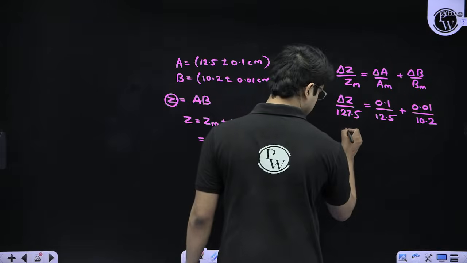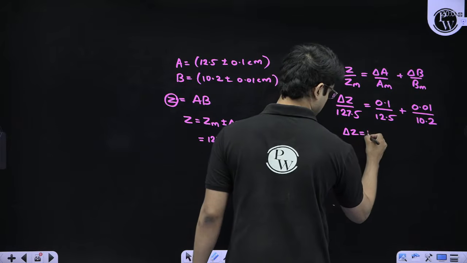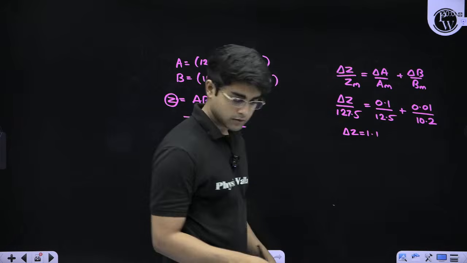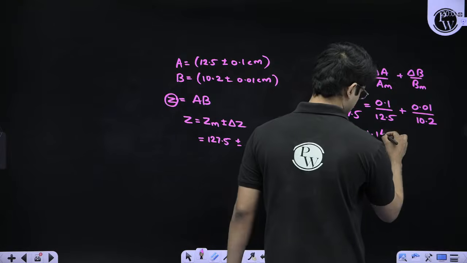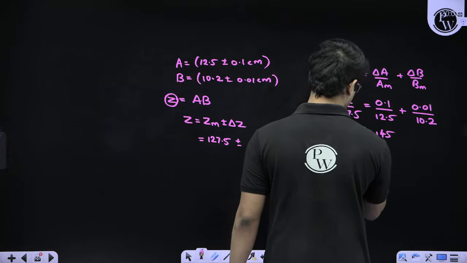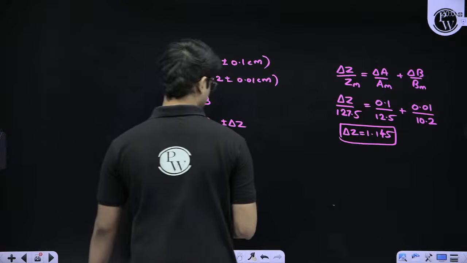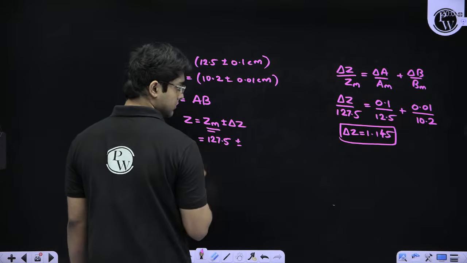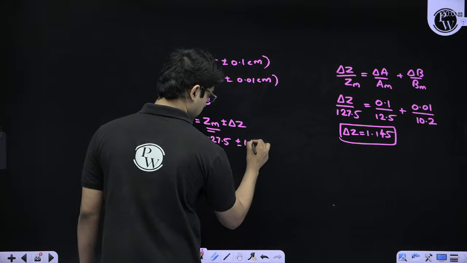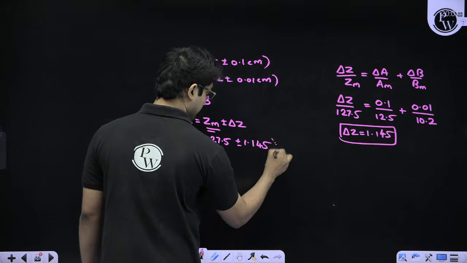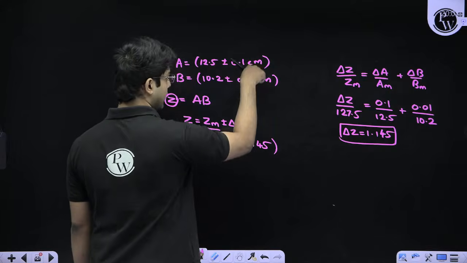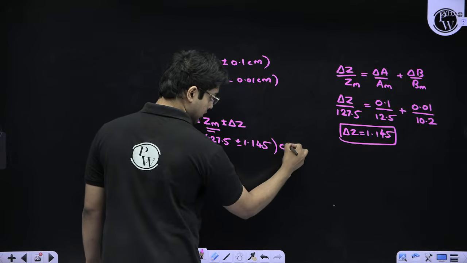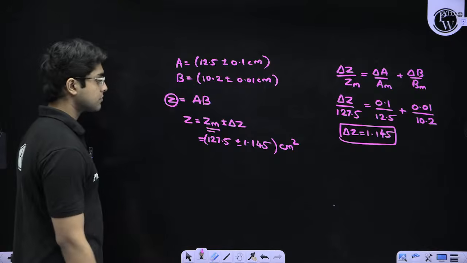So the error in Z here is 1.145. Once you get this, express the answer as the true value of Z plus or minus the error in Z, which is 1.145. And if you multiply these two, the final unit will be centimeter square.